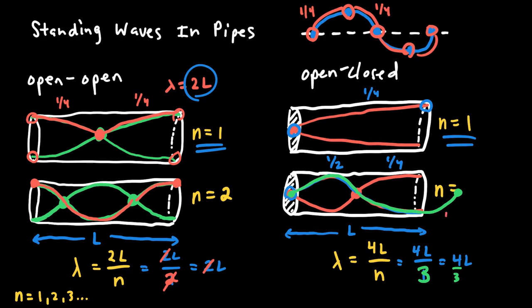And that extra amount that had to be extended was 1/4. Therefore, the wavelength is 4/3 of L. And so if that's the case, then the harmonic number was 3. And one of the things that we learned about open-closed pipes is that we can only produce the odd harmonics, 1, 3, 5, 7, and so on.